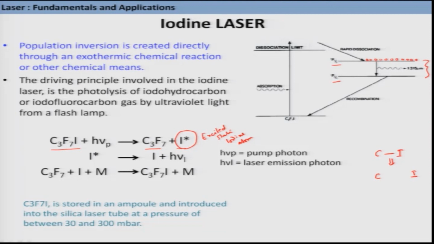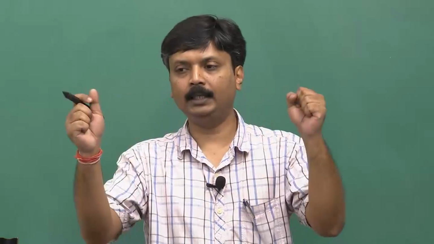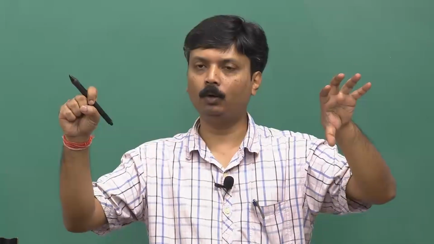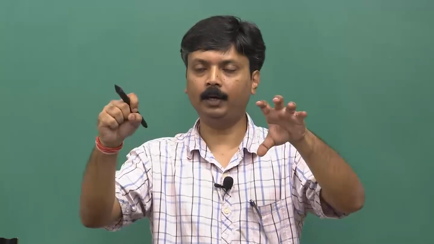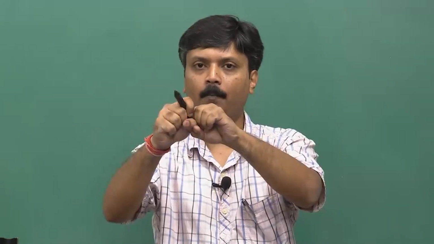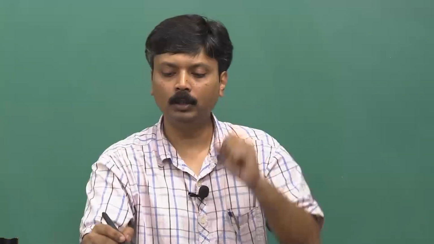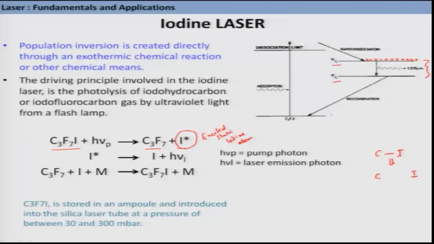Now the P3/2 level, that is the ground state iodine, is populated through recombination. You break the C-I bond, so the other fragment is also there and this iodine is also there. They are within the system, so they can again meet and recombine. The moment they recombine, they will come down to this state.